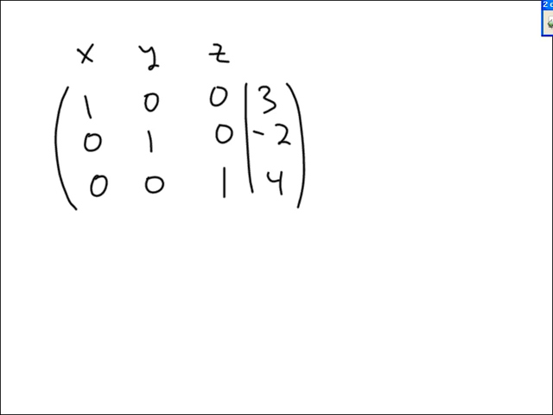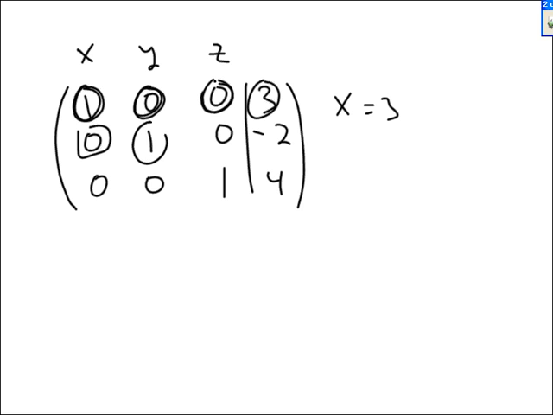The first row says 1x plus no y's plus no z's, which is just 1x or x. 1 times x is x. But adding 0 y's is 0. 0 times z is 0. Adding 0 to x gives you x equals 3. x equals 3.